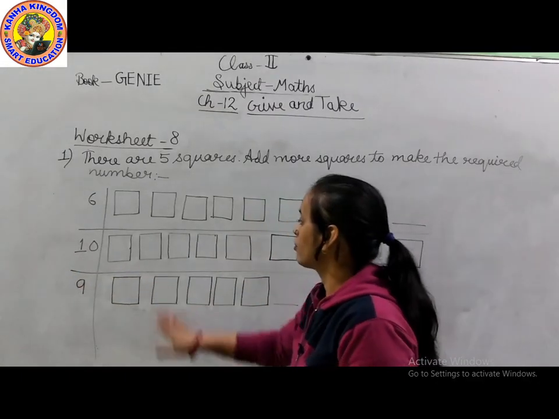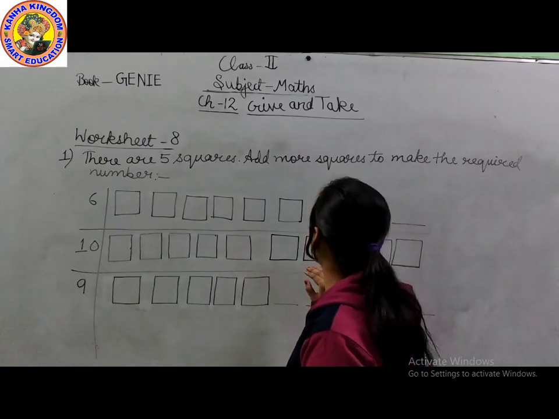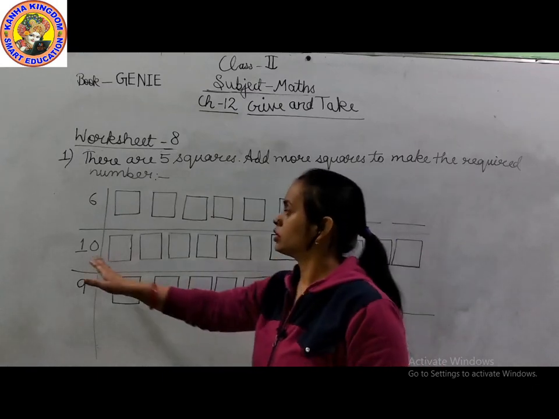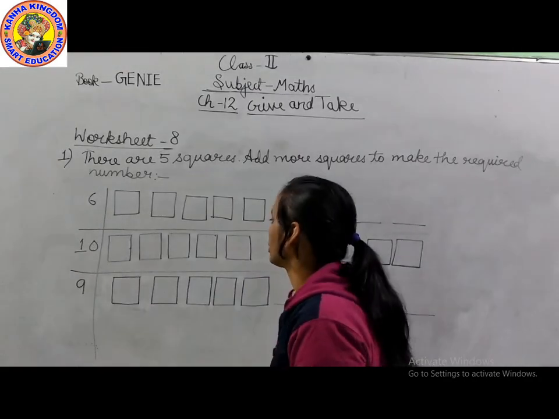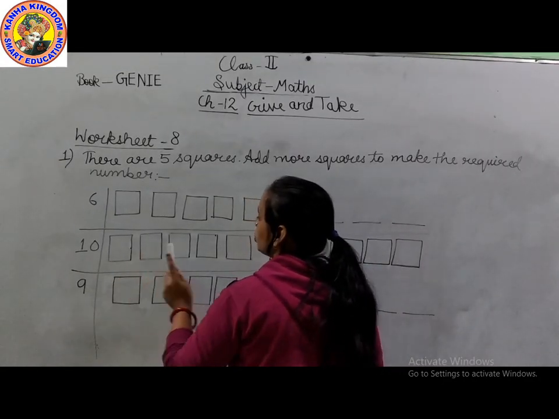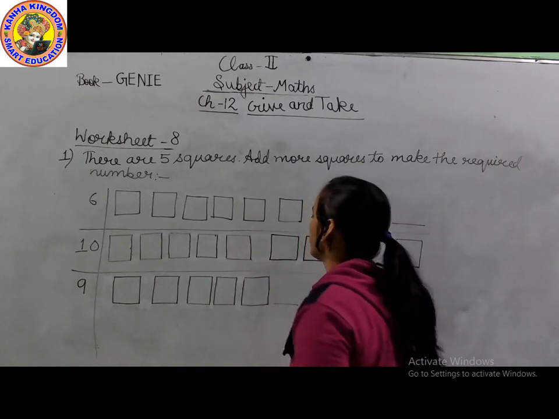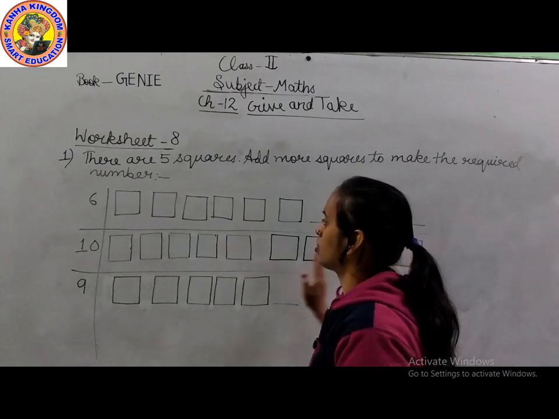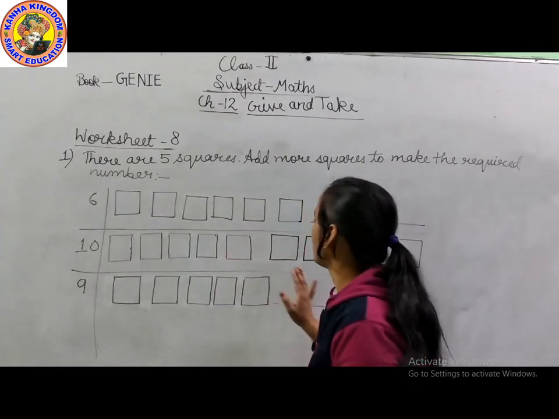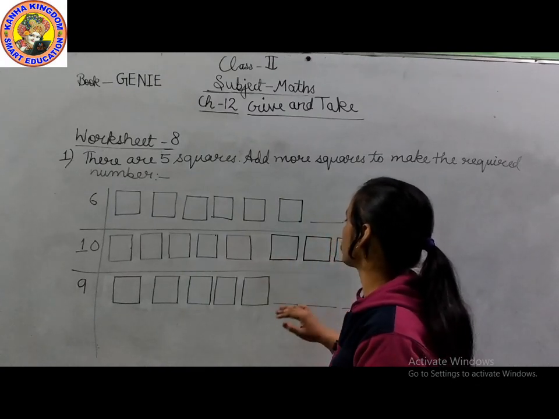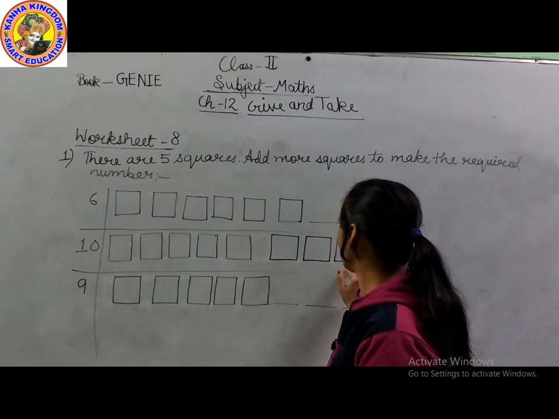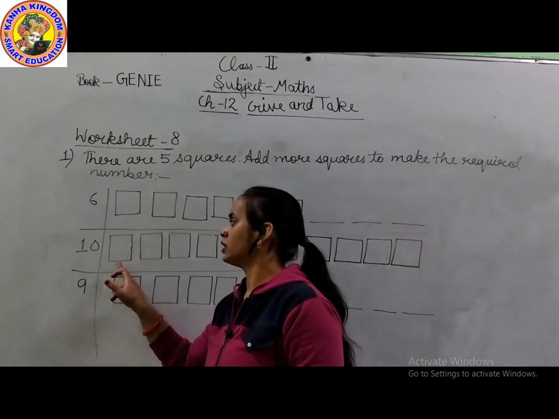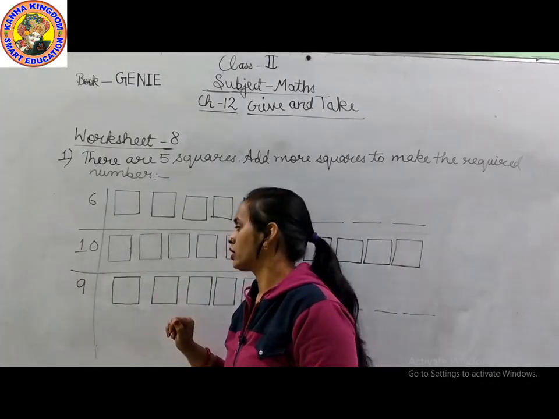Number 10, 5 squares are there. So we have to make 5 more squares to get 10. So 1, 2, 3, 4, 5, 6, 7, 8, 9, 10. 5 squares are there and we have to make 5 more squares. So 1, 2, 3, 4, 5, 6, 7, 8, 9, 10. 10 equals 10 squares.